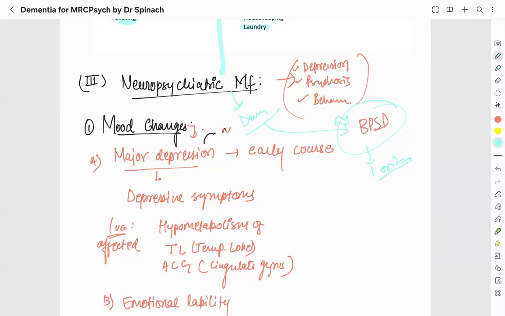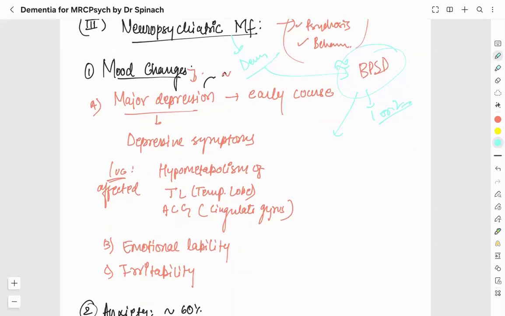Isn't that the same as BPSD? BPSD is also one of the things. But when we actually read about BPSD, all of these things are given there: mood changes, everything. They divide it into behavioral aspects and psychological aspects, and all of these aspects are actually discussed in neuropsychiatric manifestations itself.